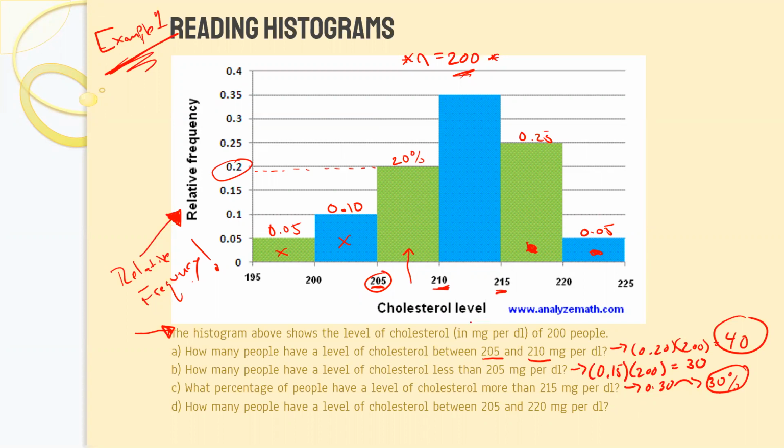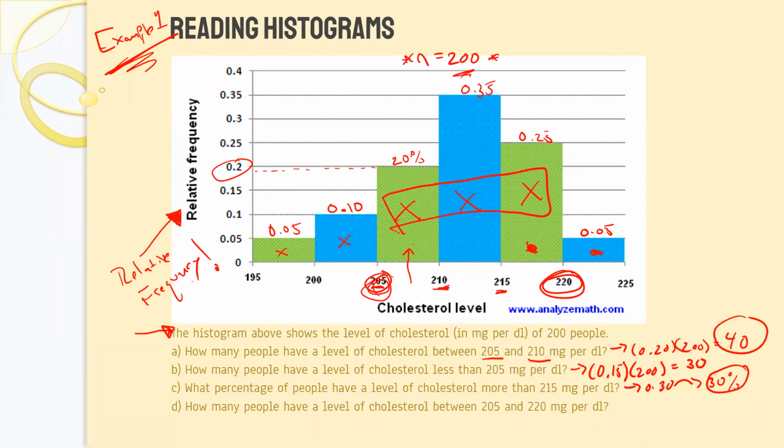All right, finally, last one. How many people have a level of cholesterol between 205 and 220? So it's this group, and this group, these three right here. This up here is 0.35.